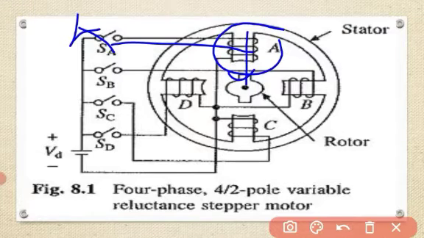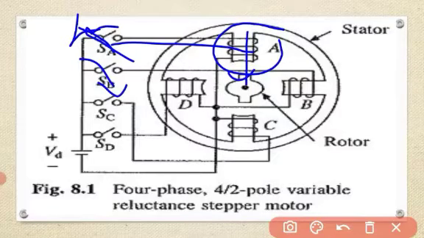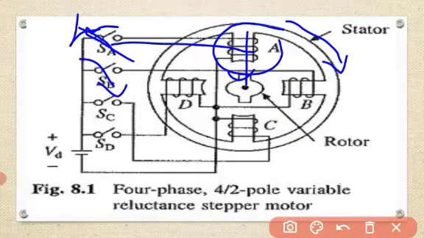Okay, next, B is excited and A is disconnected. I will open this and I will connect this. What happens here is the rotor turns through 90° in the clockwise direction to align with the resultant air gap field, which now lies along the phase B axis.